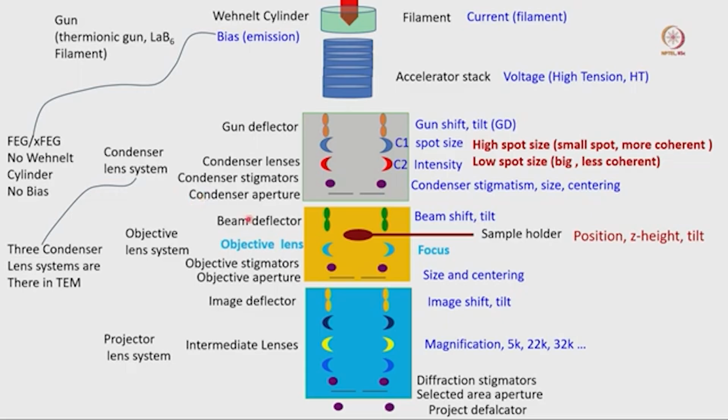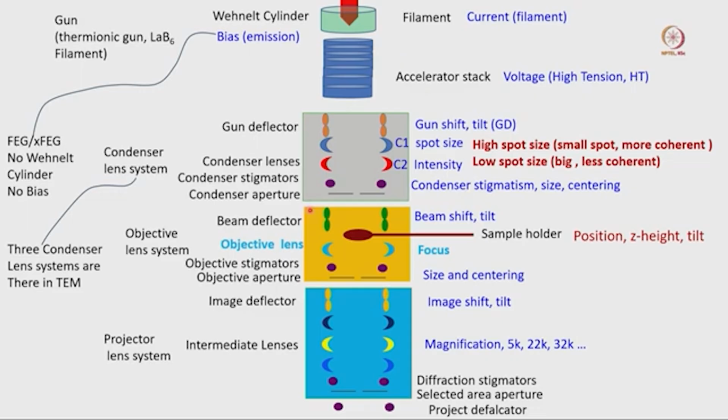Here you have the condenser aperture, and then these two we can call the condenser astigmator. There will be two kinds of astigmator we can get, the condenser astigmator which is going to correct the condenser astigmatism, size and the centering. We can control all of these things.